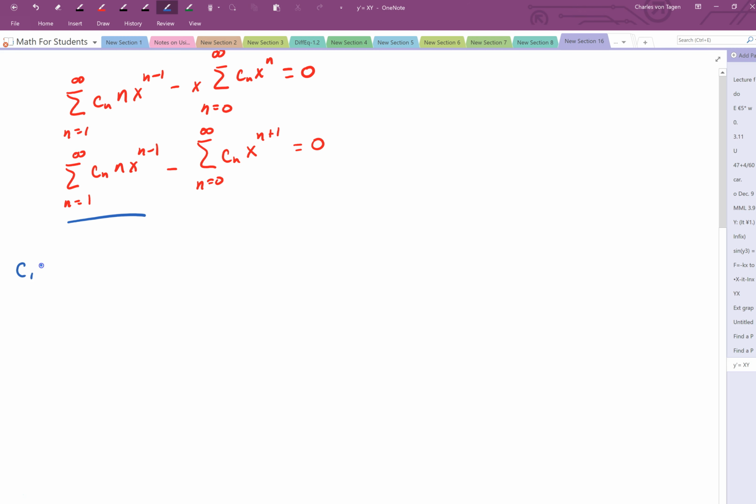So we've got c1 times x to the 1 minus 1 plus all the other terms in the series. Let's clean that up. Plus the sum from n equals 2 to infinity of Cn times n x to the n minus 1 minus the second series.